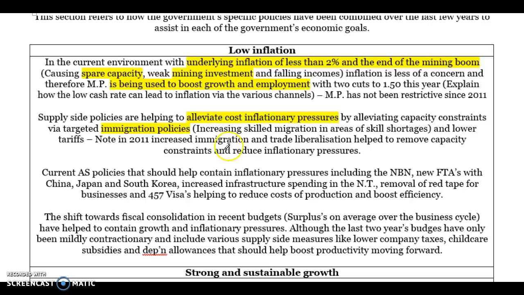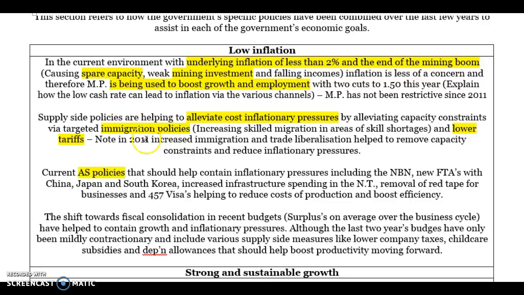You can talk about how lower tariffs on things we're importing, like manufactured goods and cars, as part of the Chinese and Japanese free trade agreements, are helping to lower costs of production for businesses. So it's important that you're really analysing how each of these policies is working to achieve this goal at this point in time. So also you could talk about aggregate supply policies within the budget.